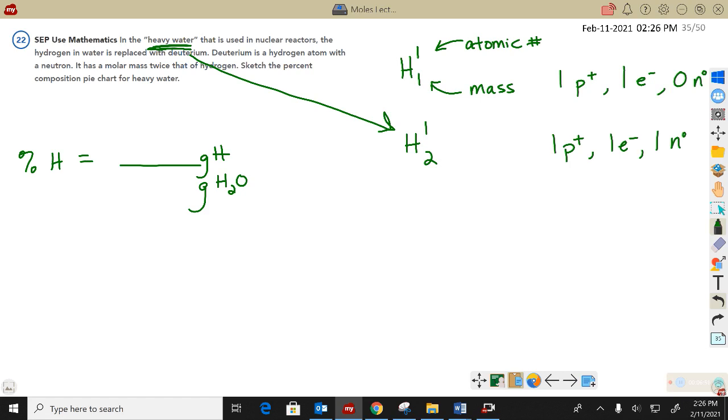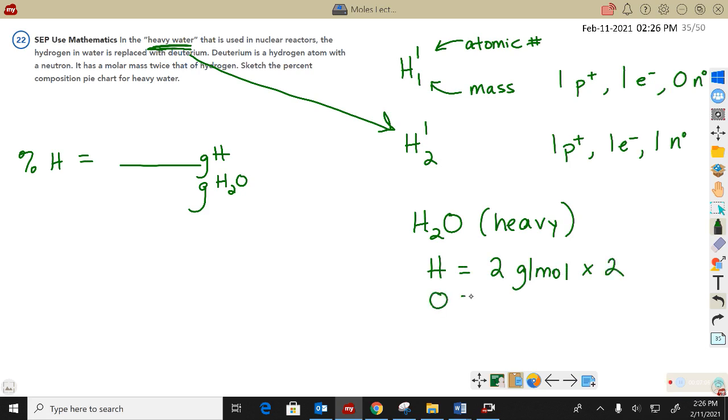So if I were finding the molar mass of heavy water, I would say hydrogen's mass is 2 grams per mole. There are 2. And oxygen's mass, let's say we leave it as a whole number. It's really close anyway. 16 grams per mole times 1.